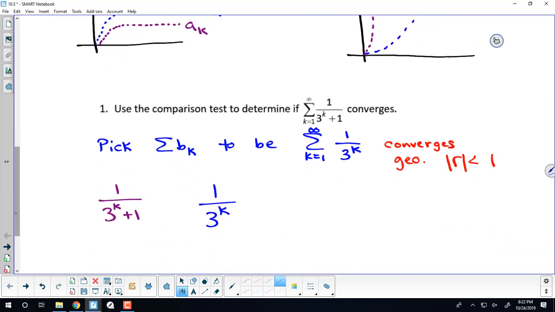So the 1 over 3 to the k plus 1 is less than 1 over 3 to the k, since 3 to the k plus 1 is larger than 3 to the k.